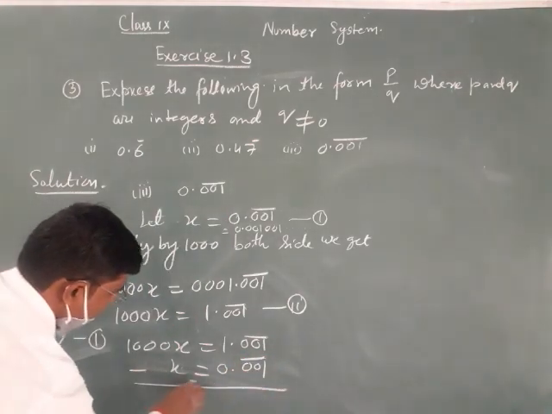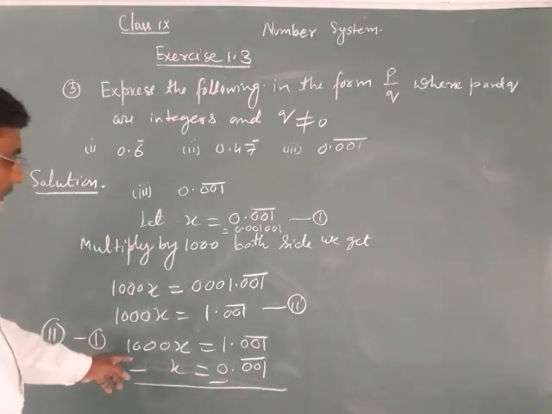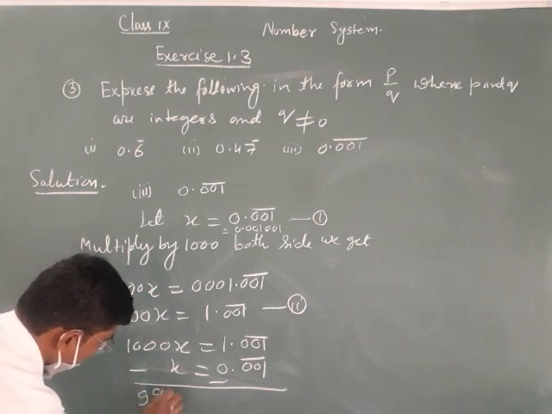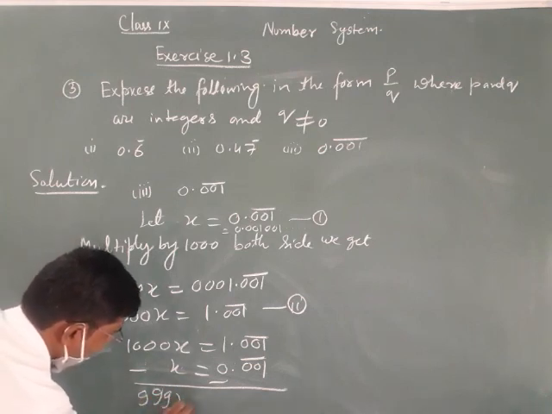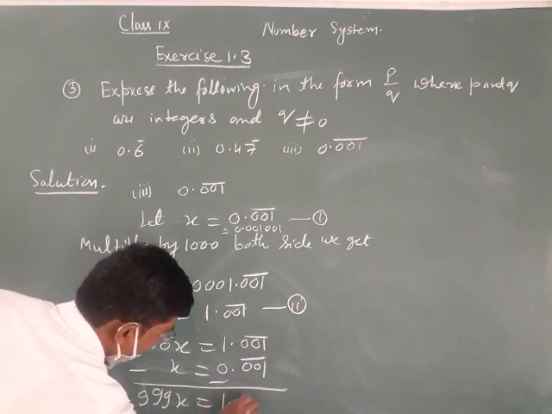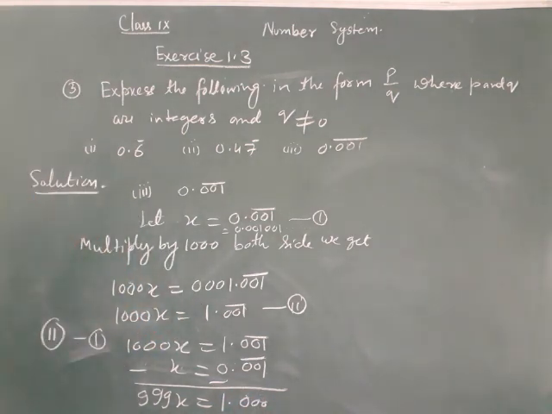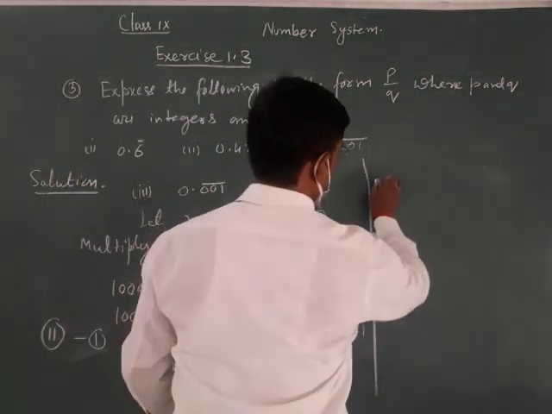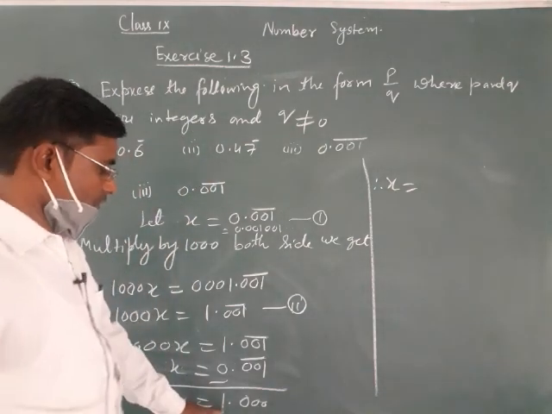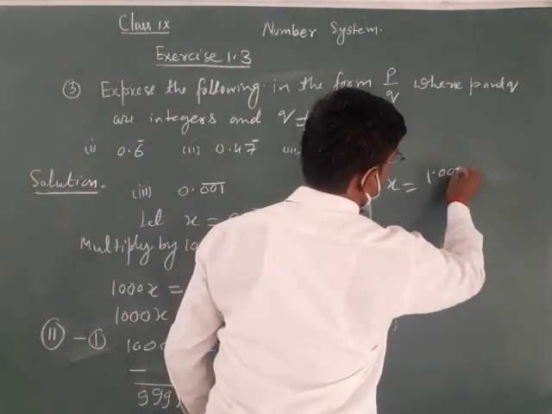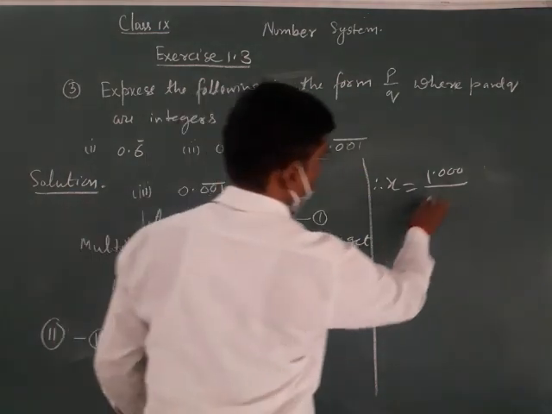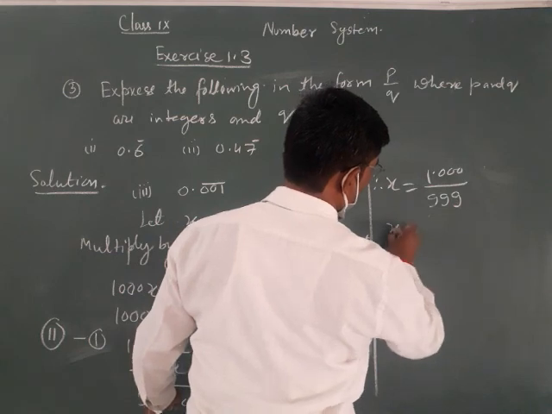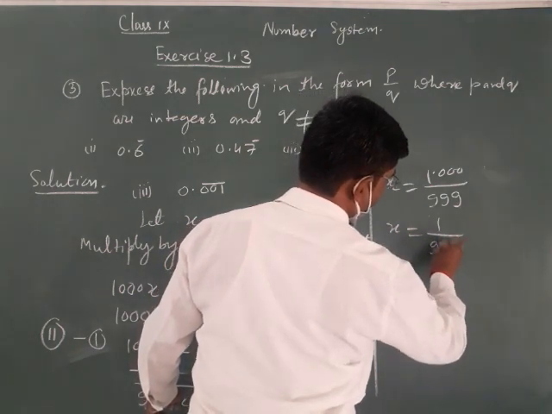So subtracting, 1000x minus 1x gets 999x is equal to 1.000. So therefore x is equal to 1.000 divided by 999, x is equal to 1 upon 999.